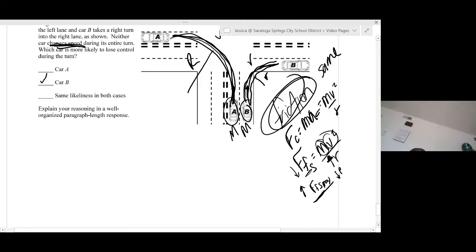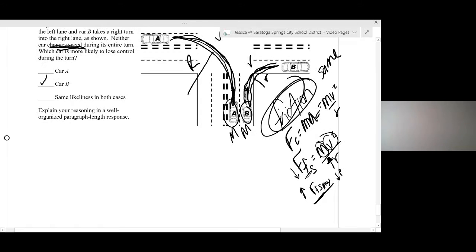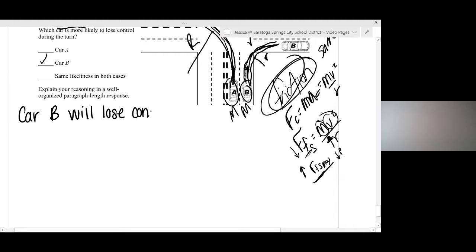So I'm just going to rotate this so I can actually write better. All right. Car B will lose control first. So there's my answer. Now, instead of talking about physics principles first, I'm going to start listing or citing my evidence.